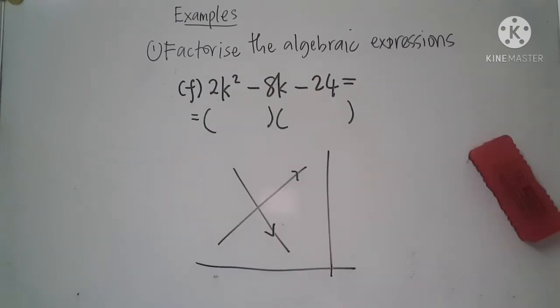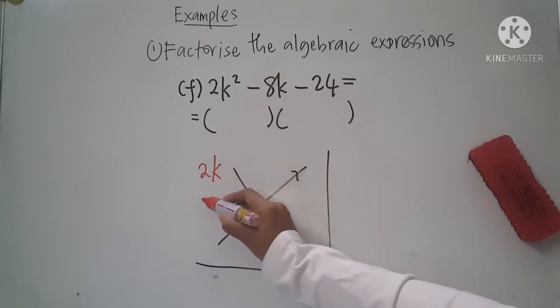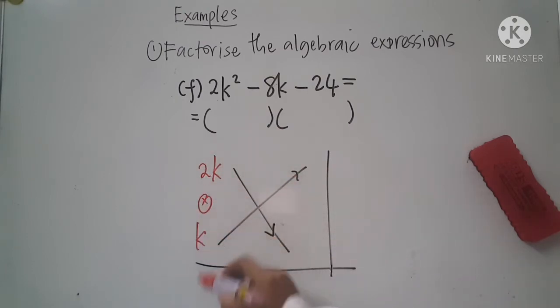Okay, next question. 2k squared minus 8k minus 24. For the first part here, you're going to write 2k times k. So the answer is 2k squared.